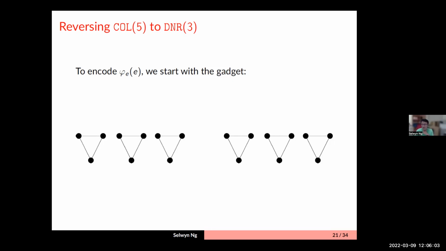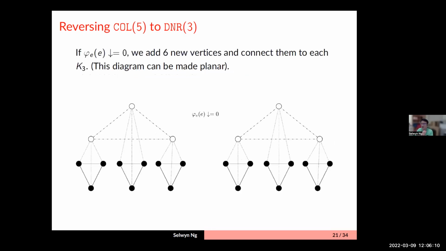If phi e doesn't converge, then we don't do anything. But if phi e does converge, then there are 3 possible cases. Either it converges to 0, 1, or 2, and in each case we want to leave a different kind of trace. For example, if it converges to 0, we add 6 new vertices, shown here in white.